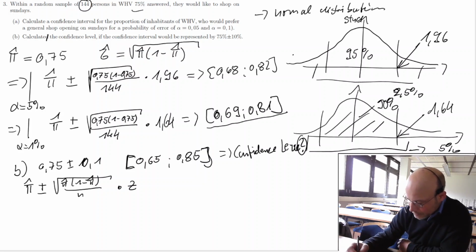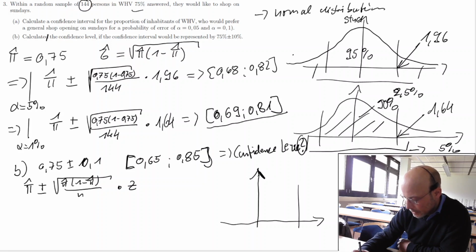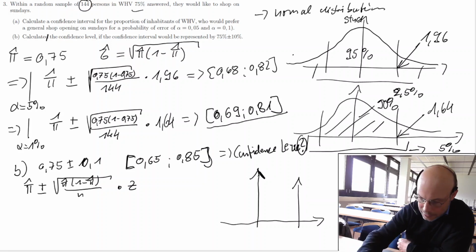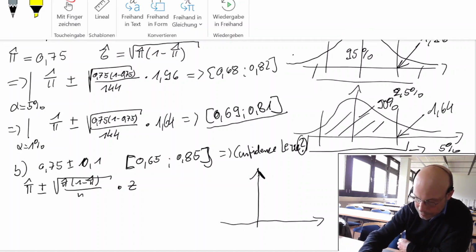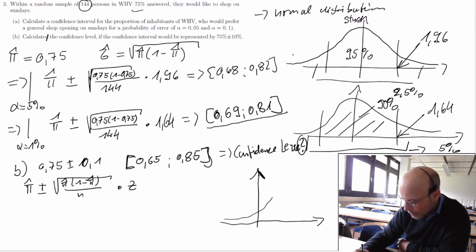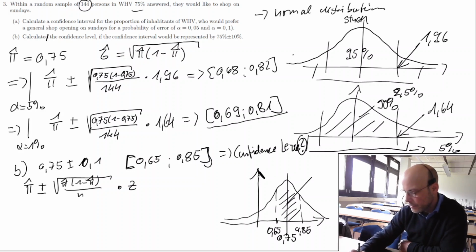Graphically, what we know right now is that we're coming, so to speak, from our distribution here, 0.75, 0.65, 0.85, and what we want to know is the area here.